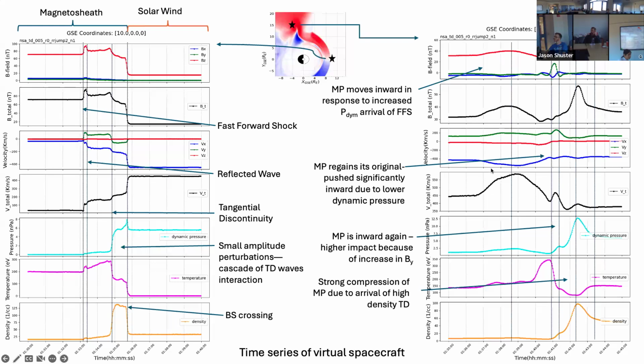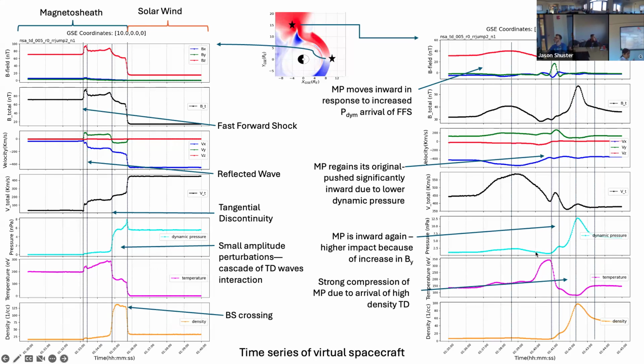So this is the dynamic pressure profile. At this point, there's a sudden increase in the dynamic pressure. The magnetopause boundary is defined by where the dynamic pressure is balanced with the magnetic pressure, and due to the increase in the pressure, the magnetopause would be pushed inward, and then the pressure decreases.